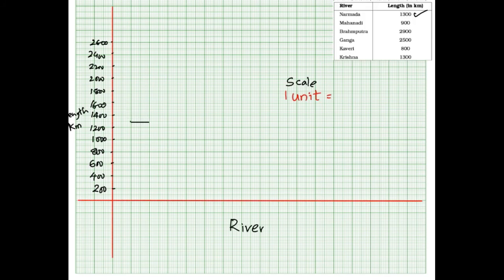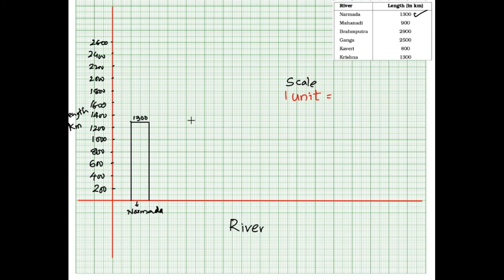So once again I'll mark it 1300. So when we complete, we can write the name here either inside or outside. It is river Narmada. The length is 1300.